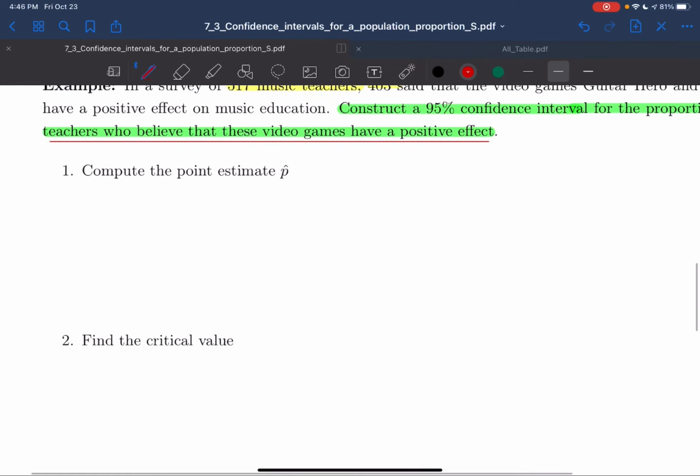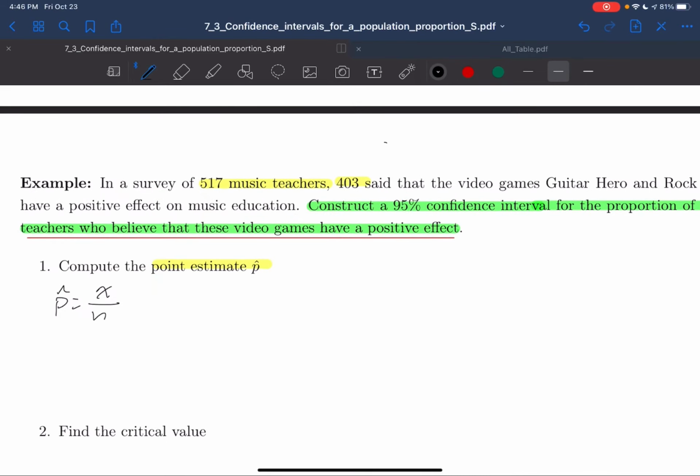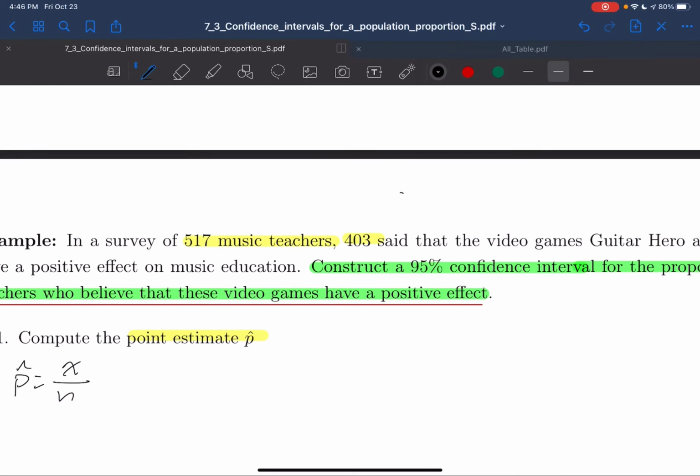First thing we want to do is compute our point estimate, p hat. And again, p hat is just going to be x over n. Since we only care about the proportion of teachers who believe that these video games have a positive effect, we know that our sample size here, they surveyed 517 music teachers.